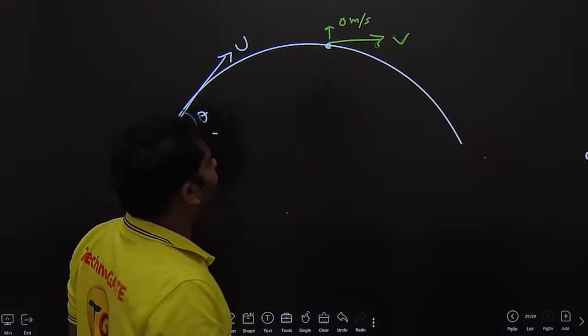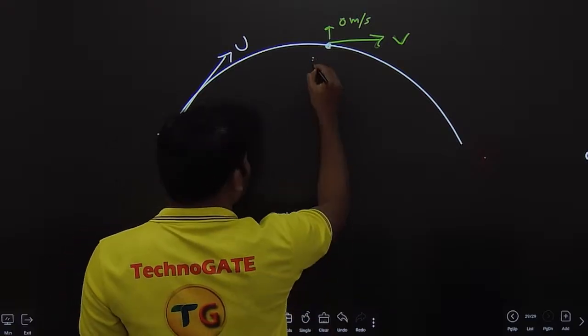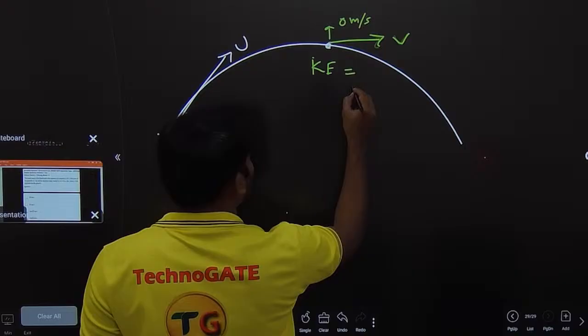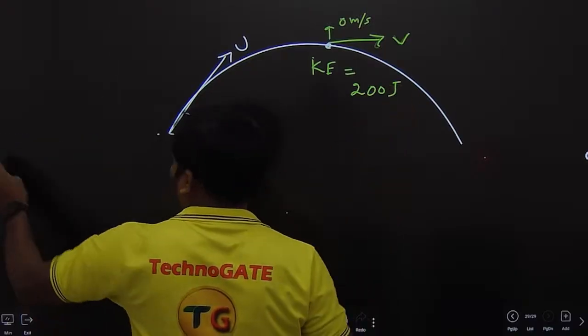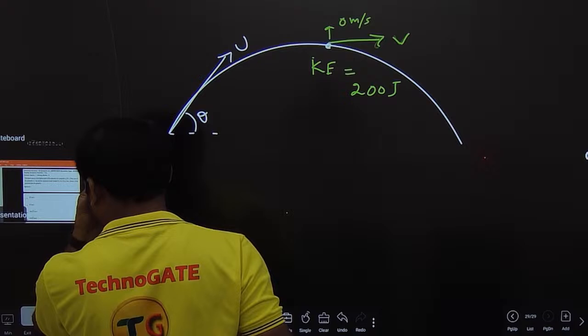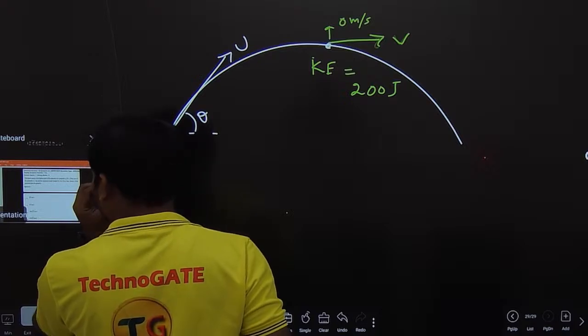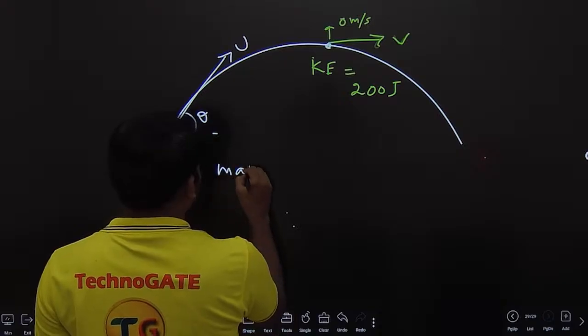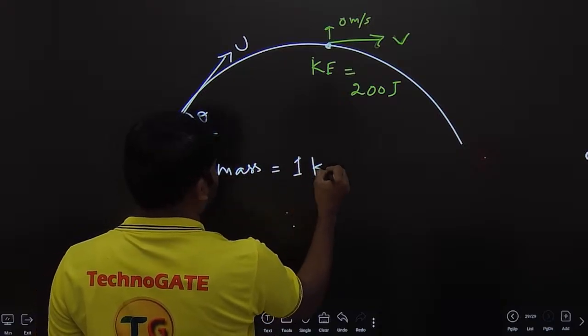Okay, here the kinetic energy value is given as 200 joules. The kinetic energy at the highest point of the projectile motion is 200 joules. Mass of the projectile is 1 kg. Clear?